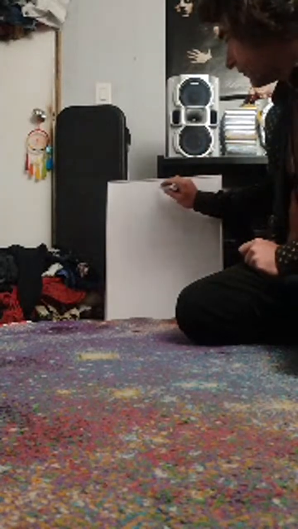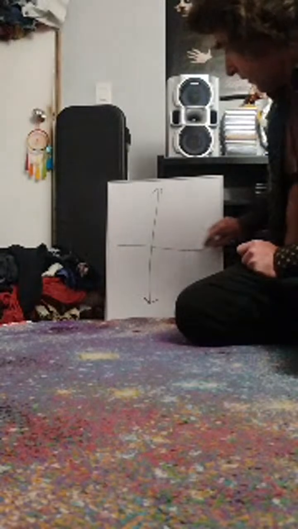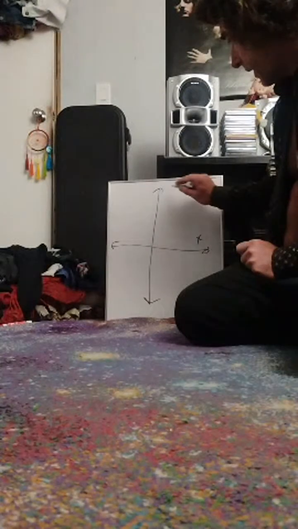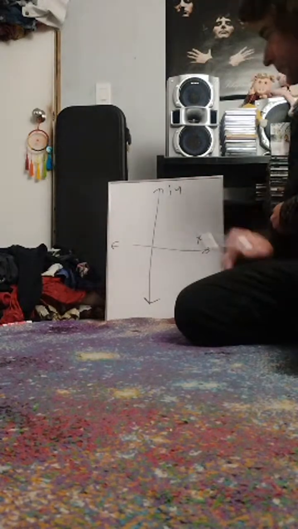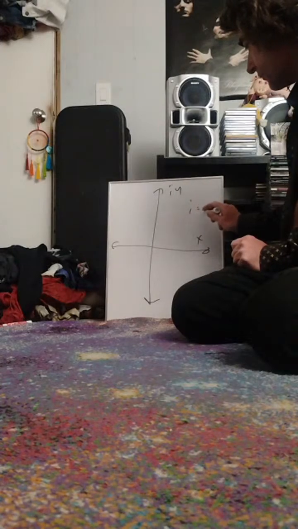I want to discuss complex numbers or complex variables, sometimes called complex analysis. You have an x-axis and a y-axis. The x-axis is x, the y-axis is i y. i equals the square root of -1.